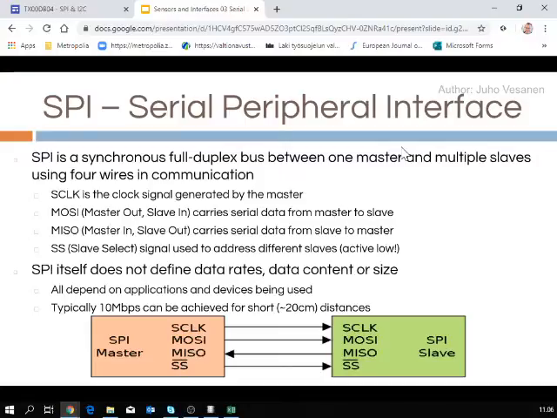The second part of today's exercise. Today's exercise actually has both an I2C sensor and a little bit more complex SPI. Well, SPI is very simple, but you will be doing more connections.